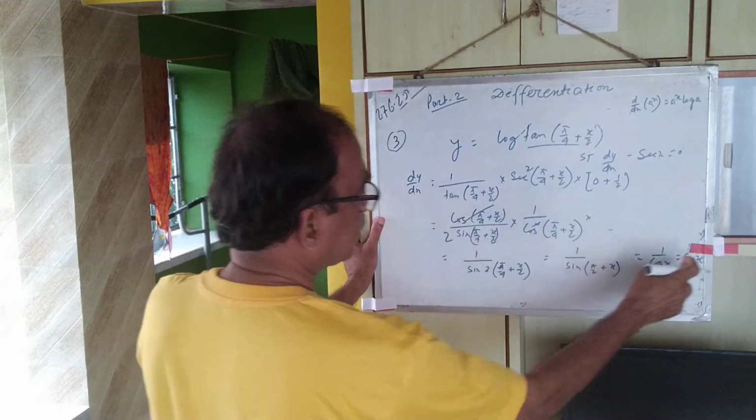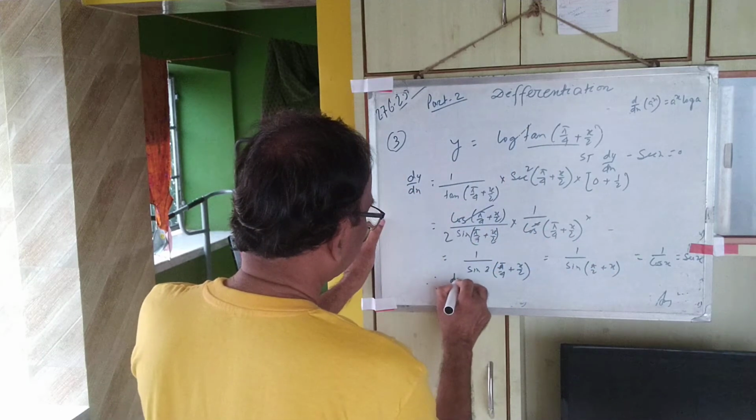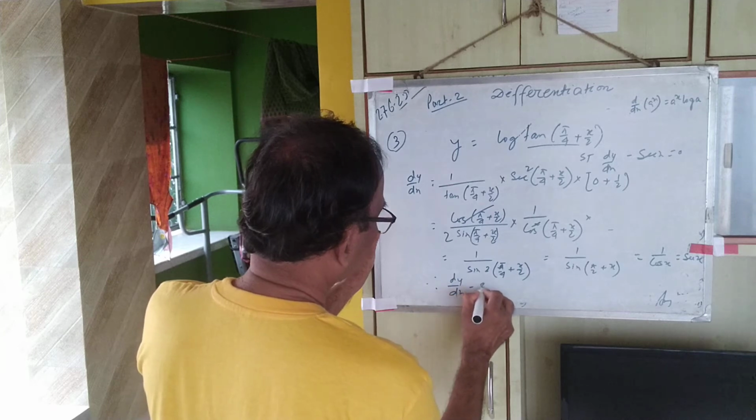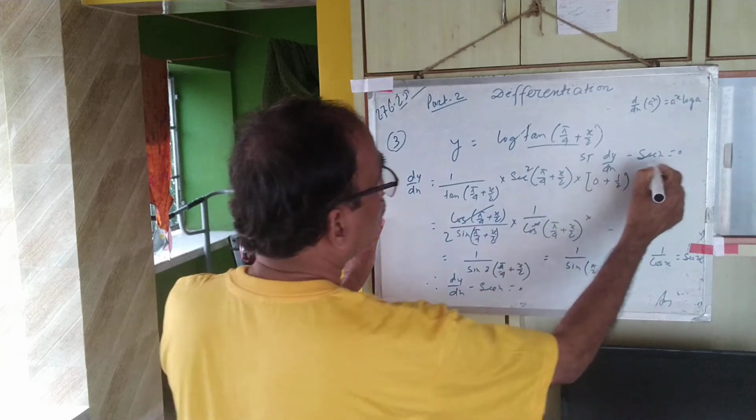So dy/dx equals sec x, therefore dy/dx minus sec x equals 0. Proved.